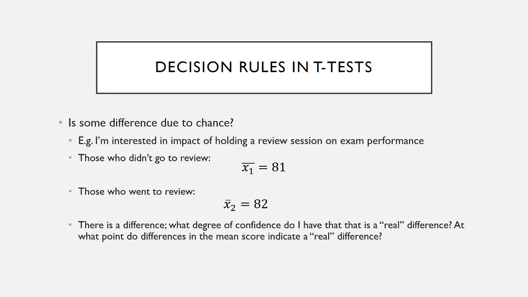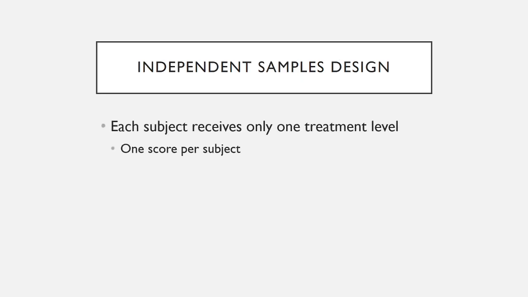That is to say, the review had a meaningful effect. If you have a difference that is small, kind of negligible, again depending on the sample size, just because the groups are a little bit different doesn't mean I have a good degree of confidence that the difference is due to anything besides random sampling error or chance.